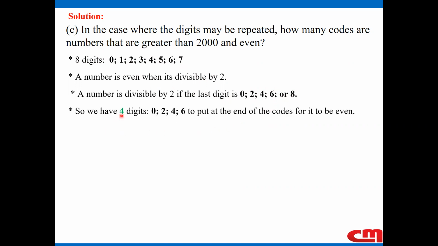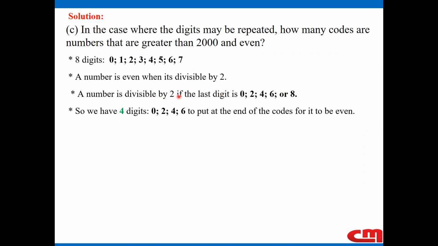Therefore, we have 4 digits from here, that is 0, 2, 4, 6, to put at the end of the codes for it to be even, because we know that any number is divisible by 2 when we have these digits at the end, right?